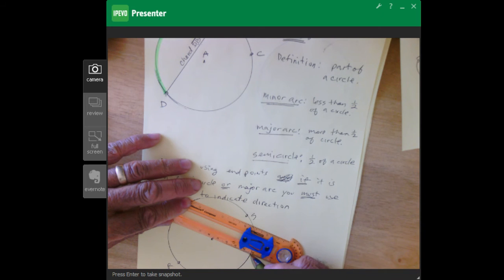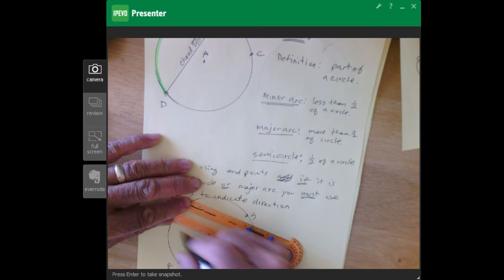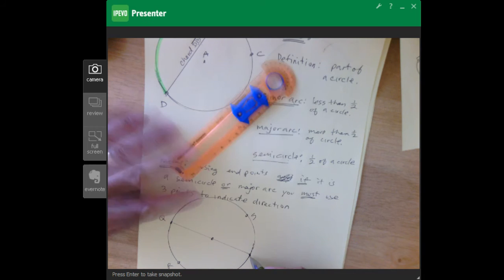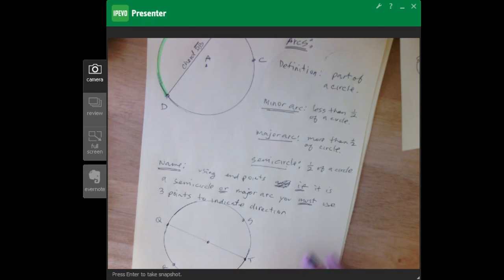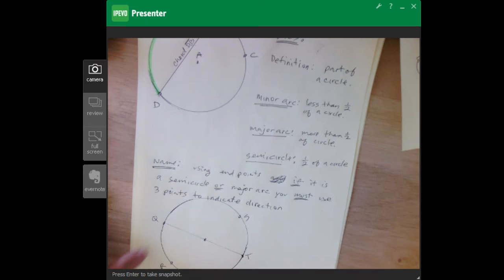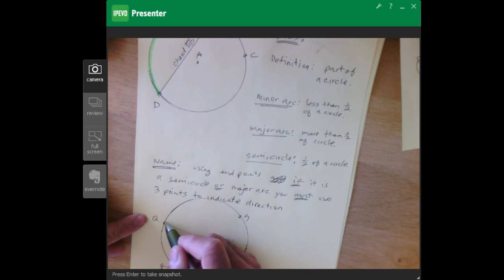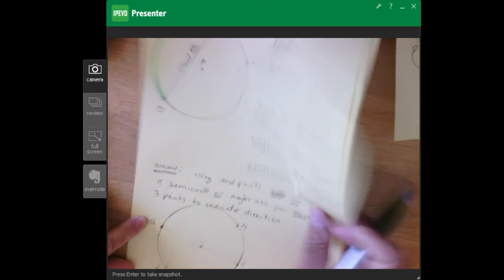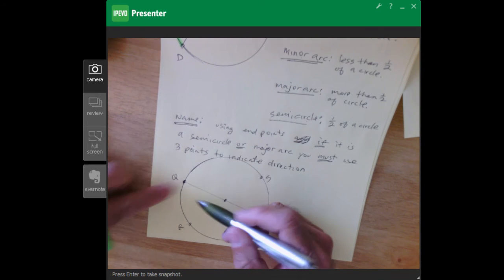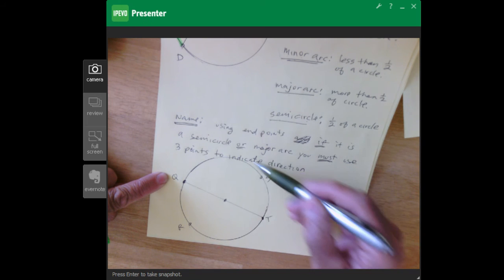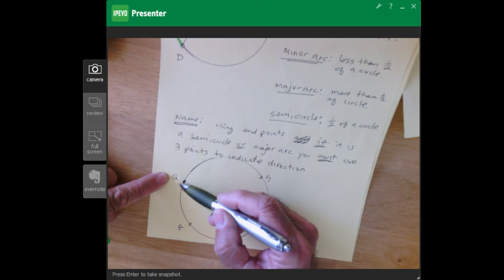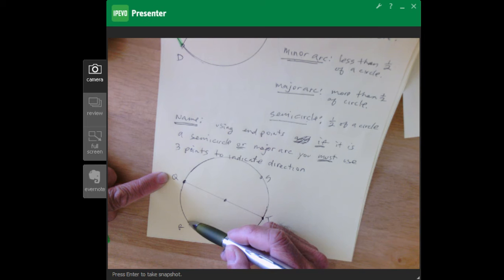So this one right here will be just on the other side, and T. Okay? So if we start at Q, we can get to R two different ways. We can get to R going the long way, or we can get to R going the short way.